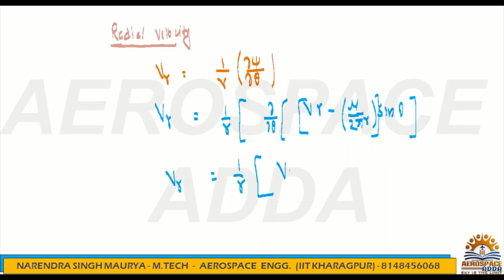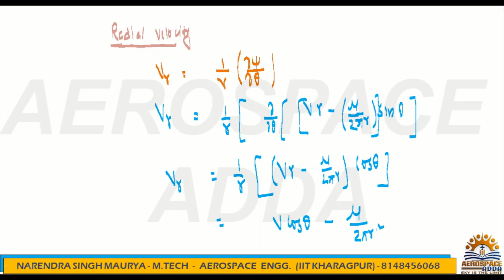Rest everything will be the same: V r minus mu upon 2 pi r, in brackets, times cos theta. Now you can multiply r inside, so it's V cos theta minus mu upon 2 pi r square, cos theta, which is nothing but the radial velocity, vr.